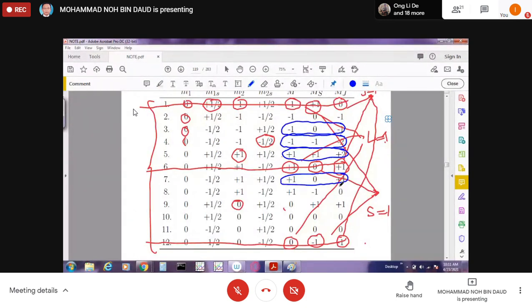So we can also select this one for J between negative 2 and positive 2, 0. So all this set, L1, S1, J2.